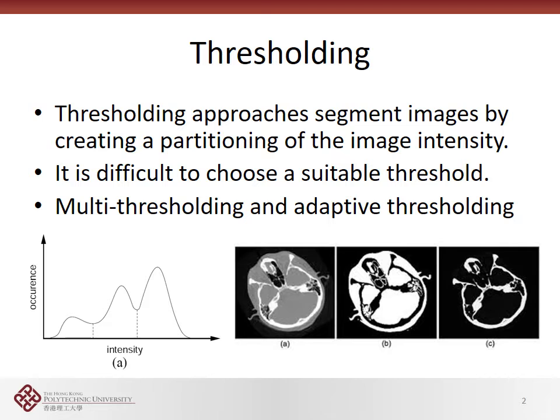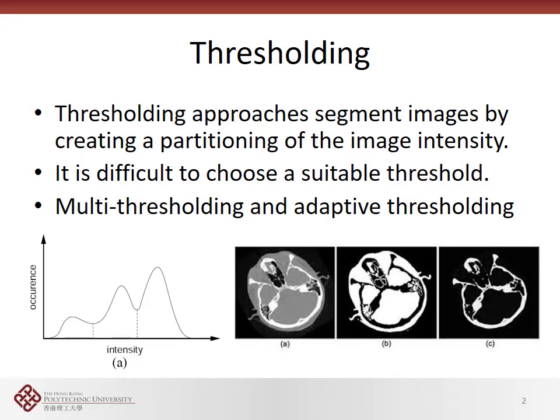But in many cases, it is quite difficult to choose a suitable threshold. For example, you can see figure A, the intensity distribution of an image. Based on this distribution, it's difficult to choose a suitable threshold to segment the image.